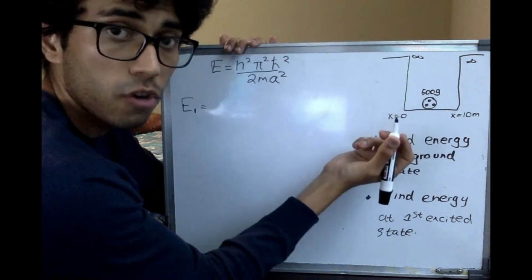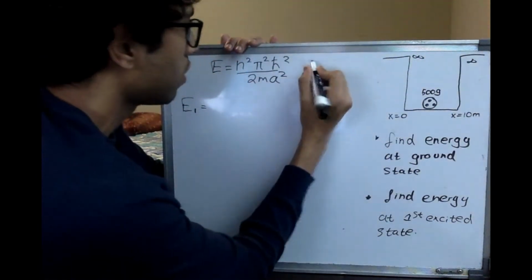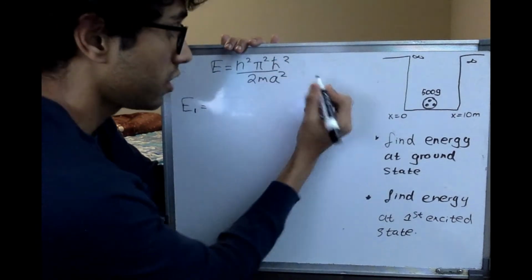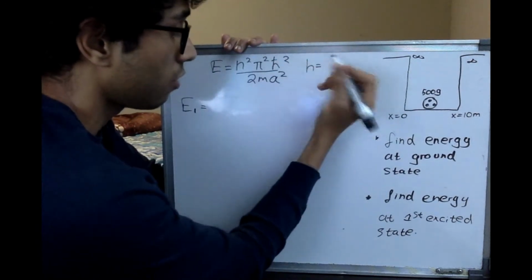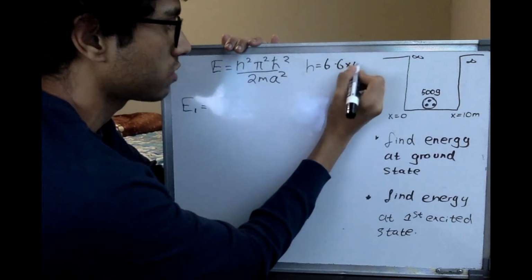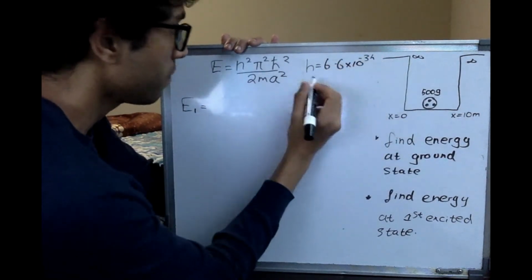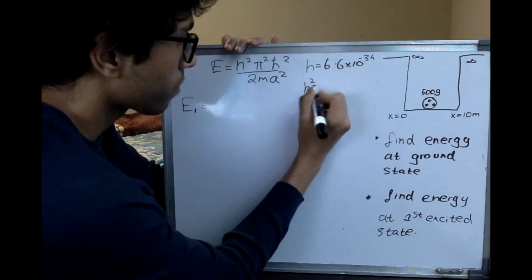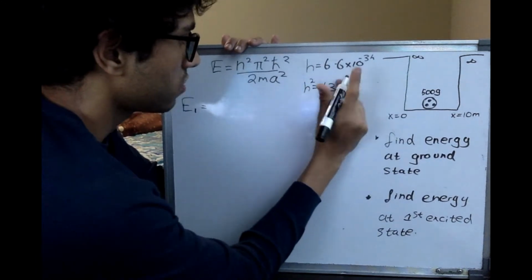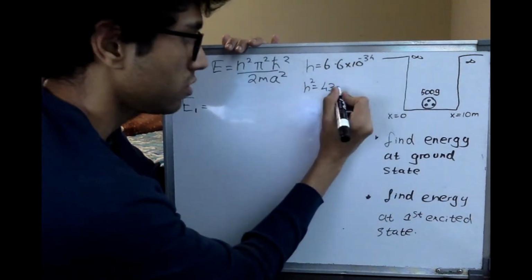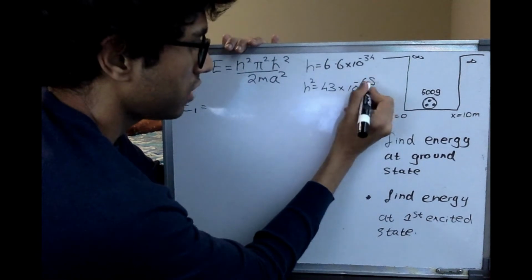Let me also write down the formula of Planck's constant here. Since h bar is h over 2 pi, h will be 6.6 times 10 to the power negative 34 something. And h square will be 43, so let's just write 43, order matters, times 10 to the power negative 68.